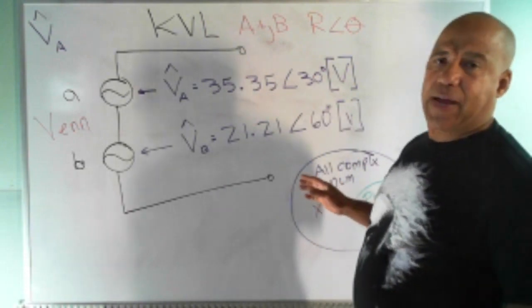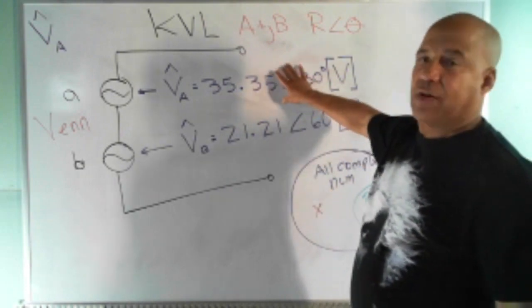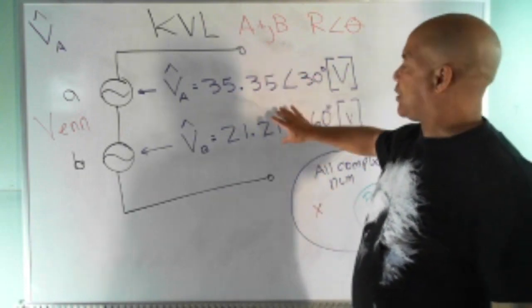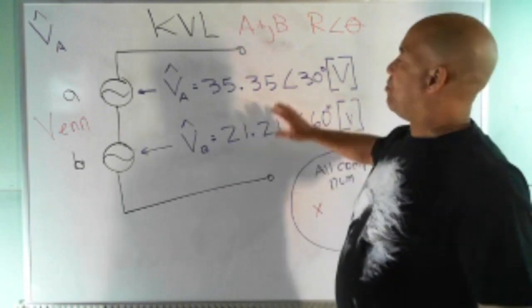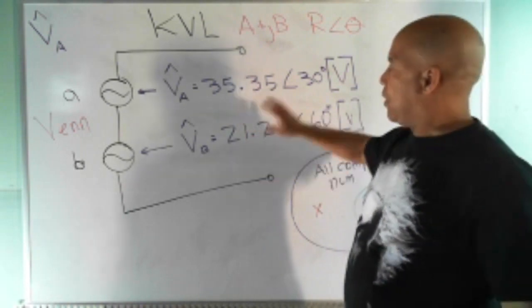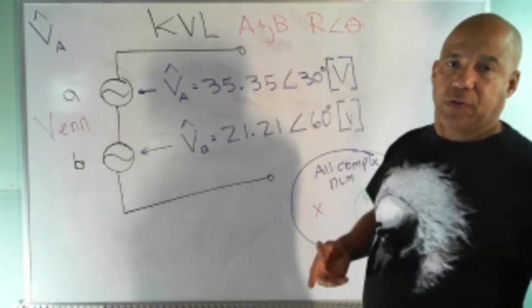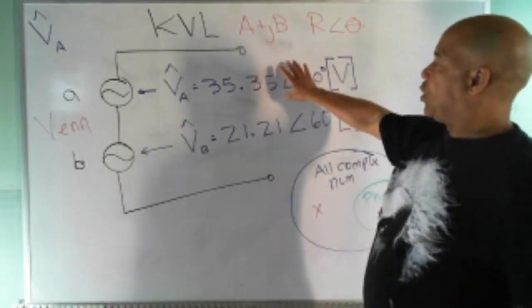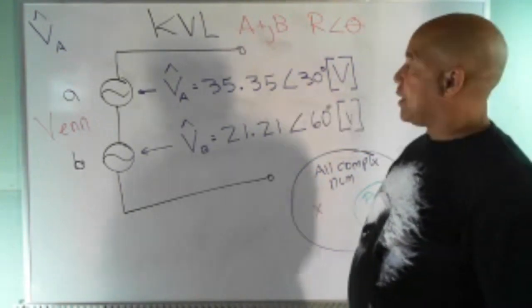Normally, when you express AC voltage or current, you express them as phasors, in polar form. Not always, but most of the time you do. There are a few circumstances where we want to have these in rectangular form, and you'll see those this semester. But for the most part, you always express voltages and currents as phasors in polar form.